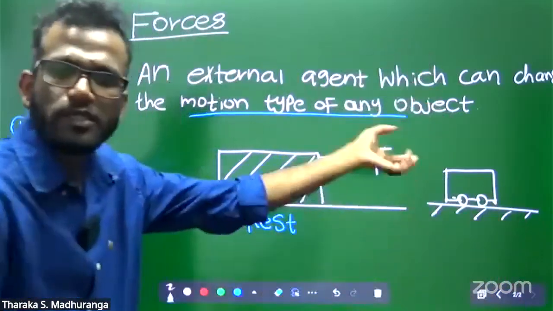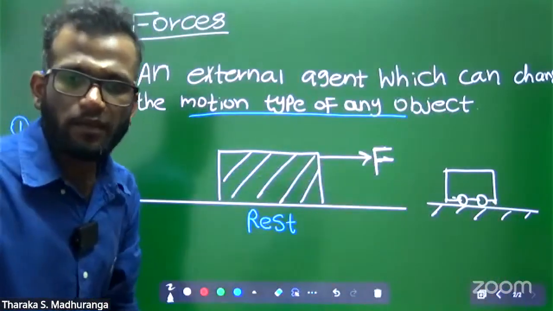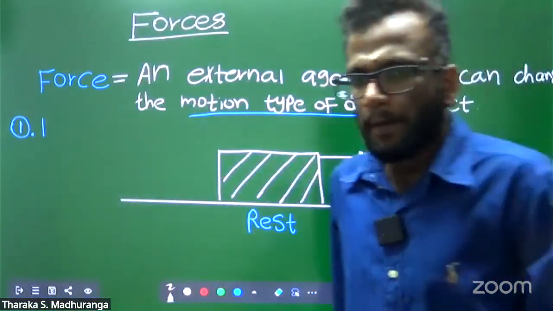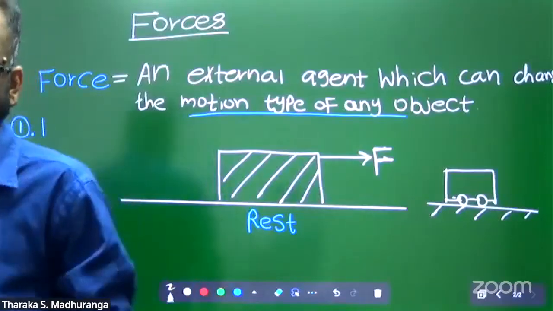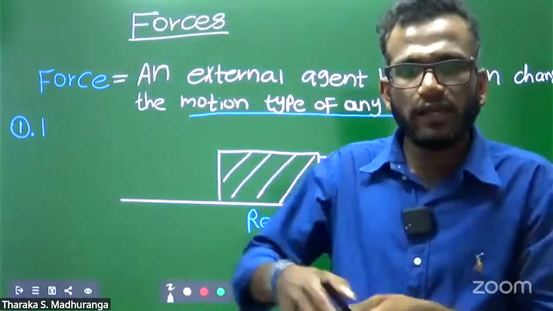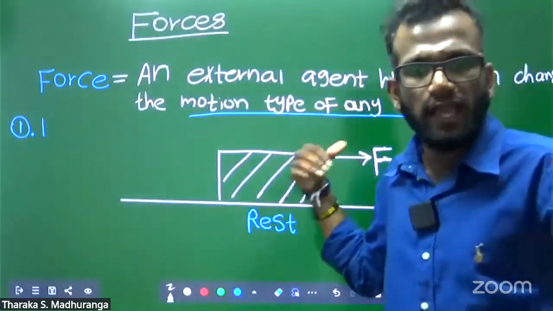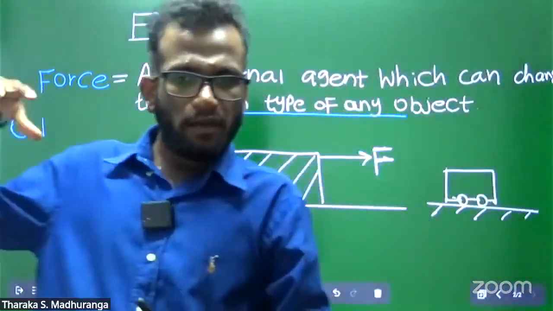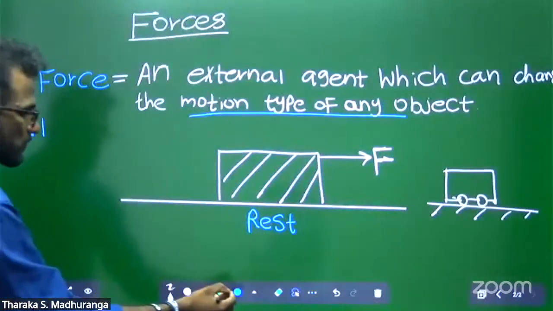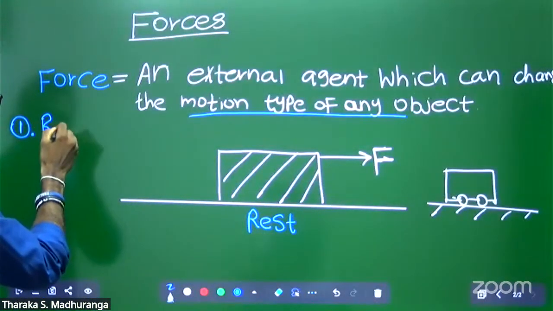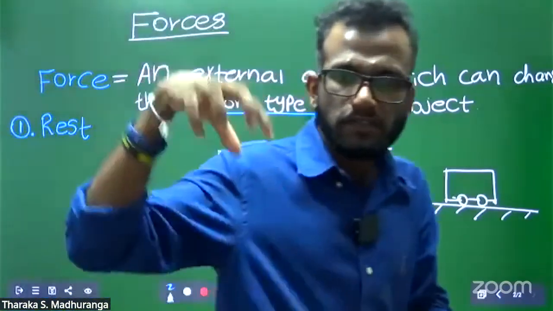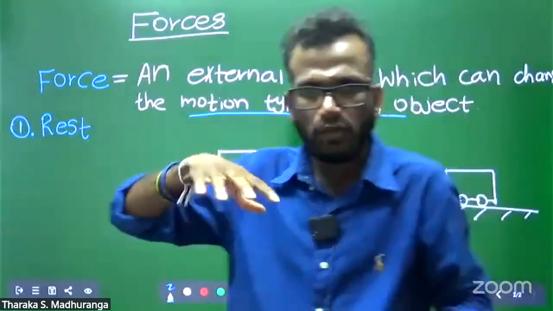How many motion types does this bus have? The first one: the bus stands still. Now it is at rest. Rest is one motion type. Rest means the object is not moving. It is static.